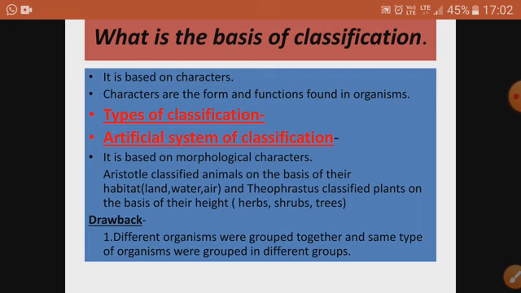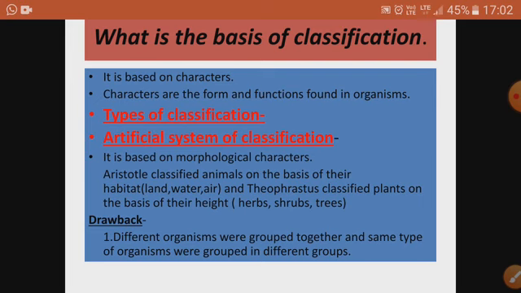It is called artificial system of classification, where the scientists consider only one characteristic, that is the morphological, outward characteristic of the living organism, and they just classify them into different groups. But this is not correct, because it had some drawbacks, like different organisms were grouped together and the same type of organisms were grouped in different groups. So this was the negative thing which happened because of this. Why did this happen? Because they were considering only one characteristic.